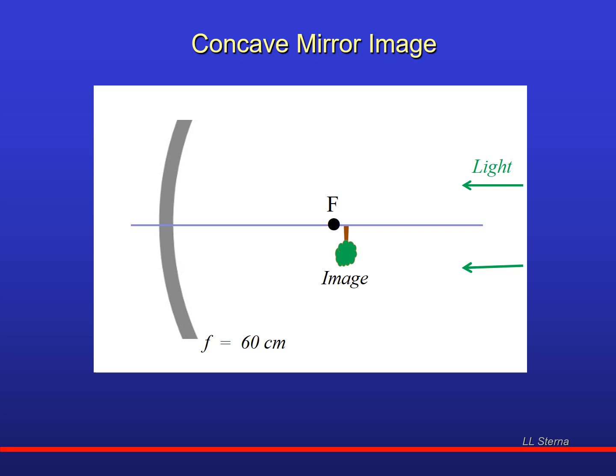No, they're not parallel. The tree is not infinitely far away. It's far enough away that the rays are almost parallel. So light comes from the right to the mirror. The object is off to the right somewhere and forms an image, an inverted image.